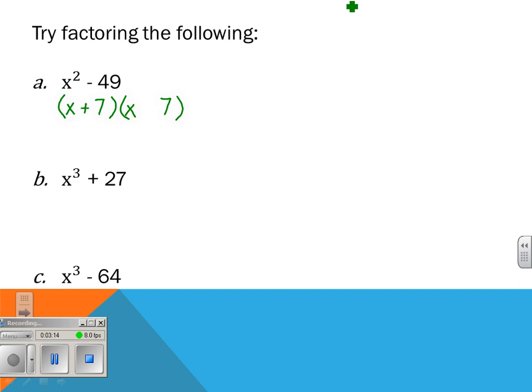One of the factor parentheses will have a plus sign in it. The other one will have a minus sign in it. If you were to FOIL together those products again, you would notice that your inside and outside terms, the O and the I part of FOIL, one's going to give you a positive 7x and one's going to give you a negative 7x. And they would cancel each other out, which makes perfect sense then why that original problem started with just two terms in it. Okay, so you can feel pretty good that you probably did that one right.